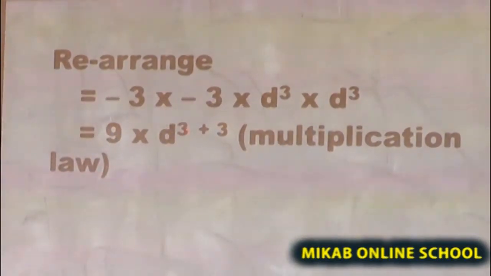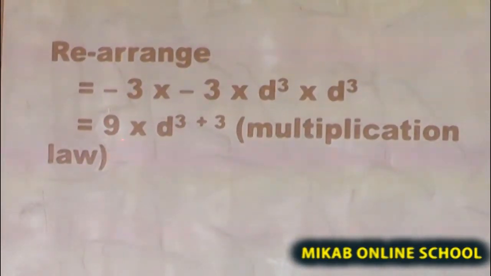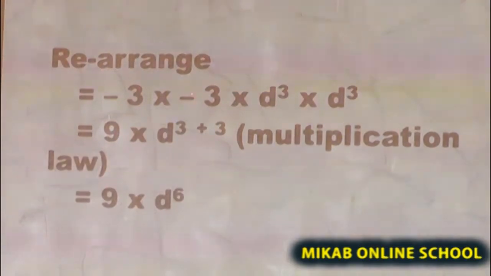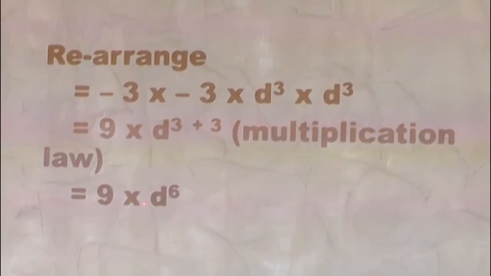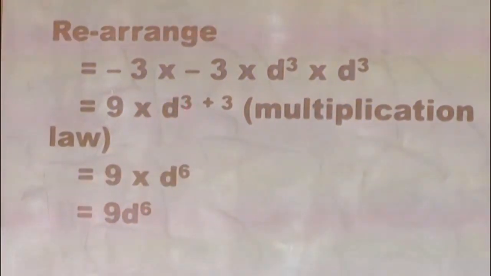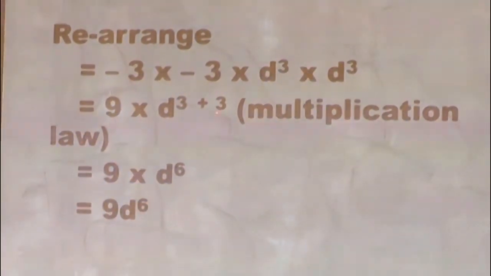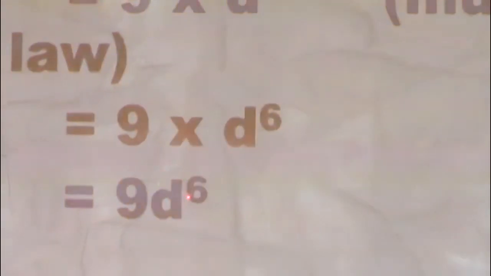That is where we have 3 plus 3, and the result is 6. Therefore, the result of this question is going to be 9 multiplied by d raised to the power of 6. The final result of this 9 times d raised to the power of 3 plus 3 is going to be 9d^6, as you remove this connectivity to make it formal.